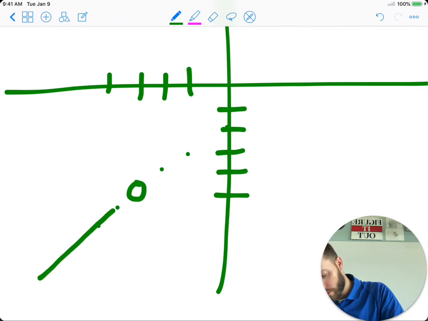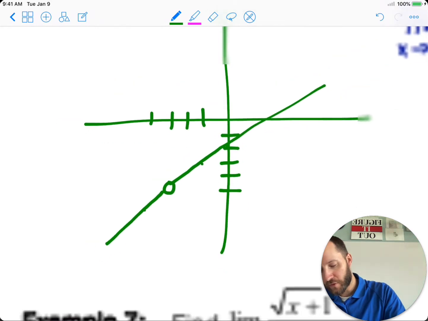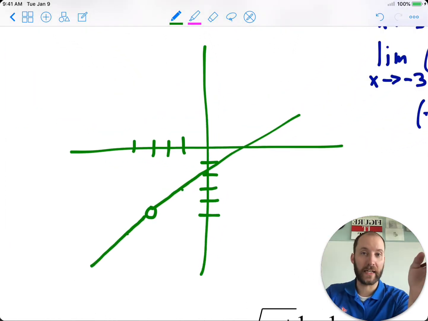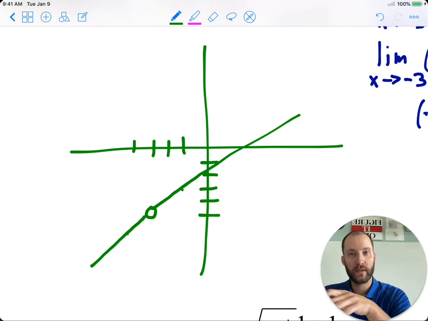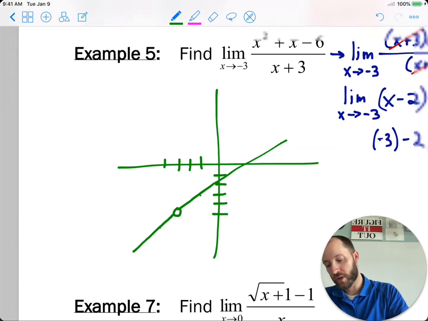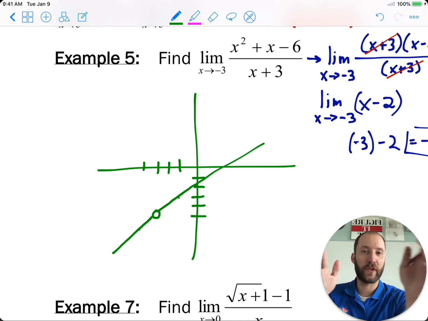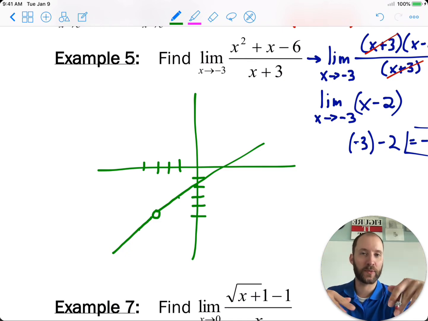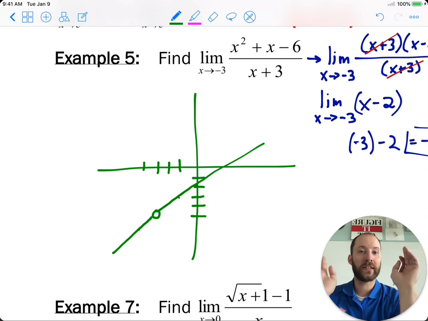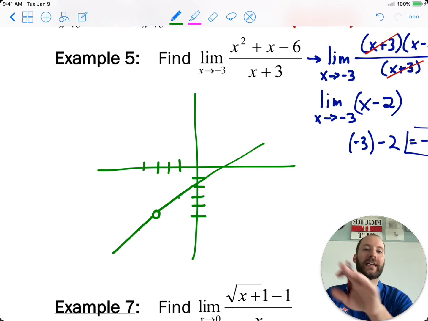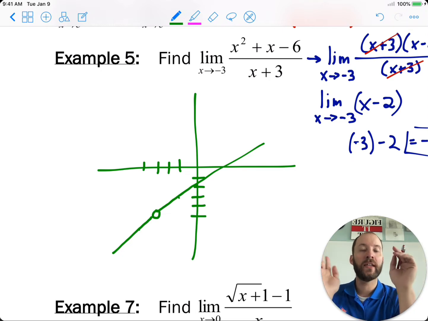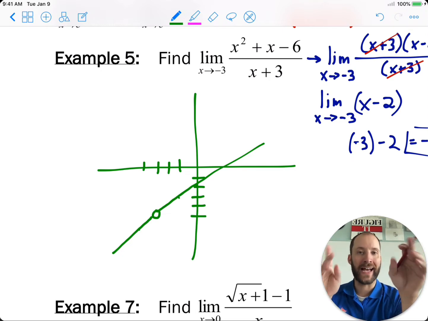So your function looks something like that, okay? It does not exist at -3. So your original rational function, x squared plus x minus 6 over x plus 3, does not exist at x equals -3. Okay, I want to make that clear. The function does not exist.